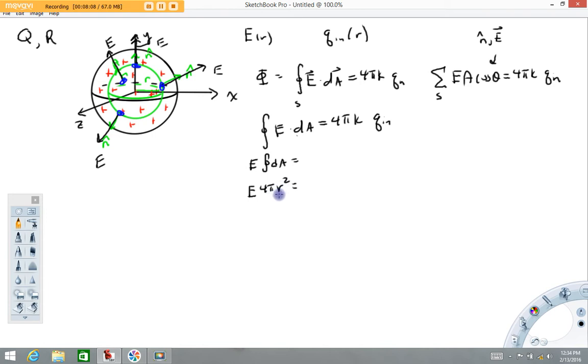Again, it's important to note that that r is the radius of the Gaussian surface because this integral is over the green surface. Right. We got to start thinking about that charge now. The Q, the charge inside of the surface. So 4 pi k Q, 4 pi k Q, and I'm leaving myself a little room on purpose.